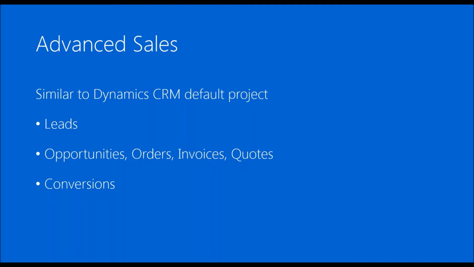And we found out that this is not what most of our customers are looking for. So we have divided this into opportunities, orders, invoices, quotes. We've added leads, made the conversions available. So everything you basically know from Dynamics CRM default project is available in the advanced sales template.